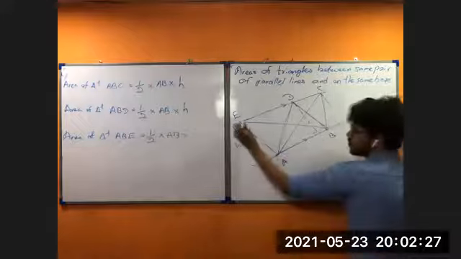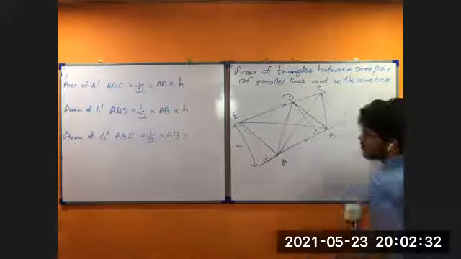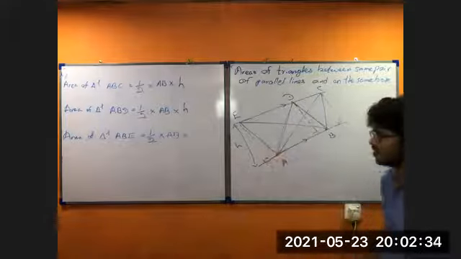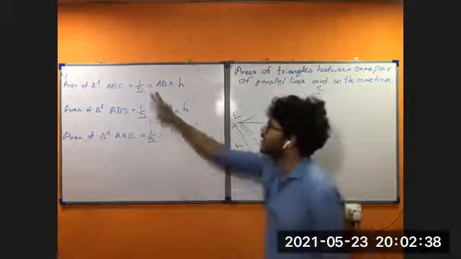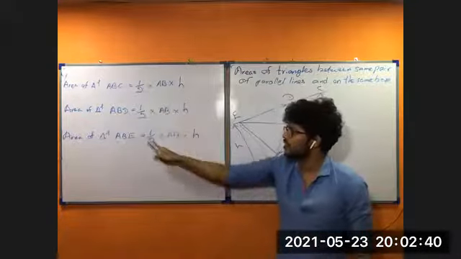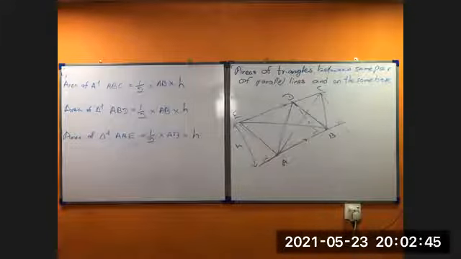If you drop a perpendicular, again this distance is H. So you can see half into AB into H, half into AB into H, half into AB into H, which means the areas are equal.